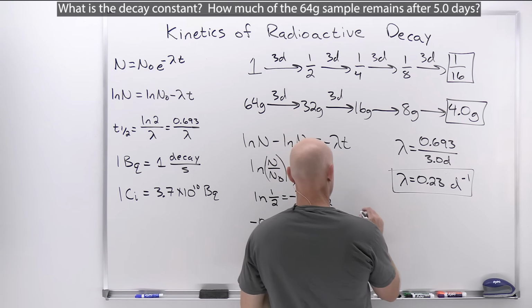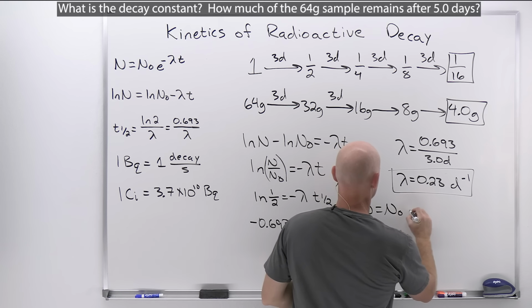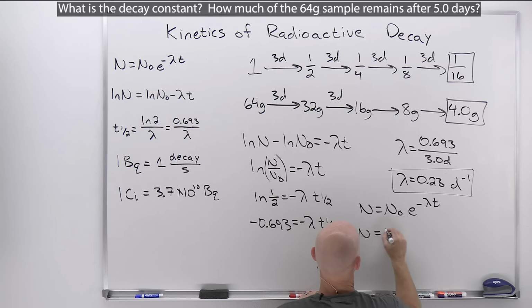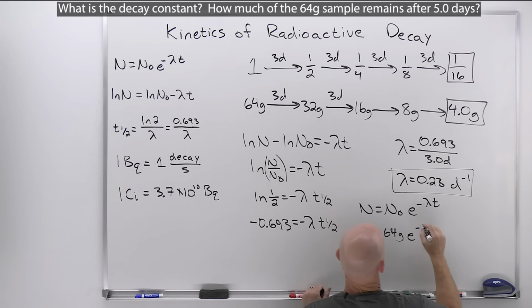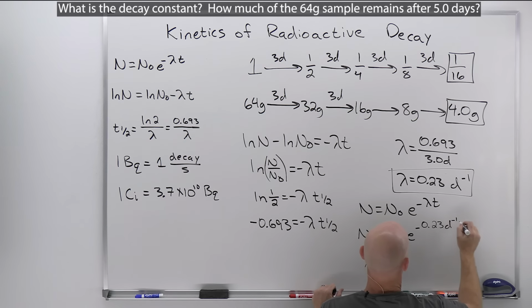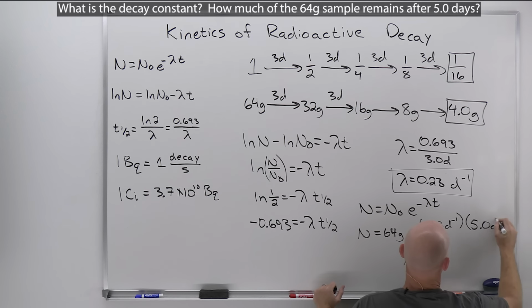And so in this case, n again equals n naught, e to the negative lambda t. So n is going to equal 64 grams. Again, we can use this in terms of mass, not just number of nuclei. E to the negative, and again, that's going to be 0.23 per day times 5.0 days.